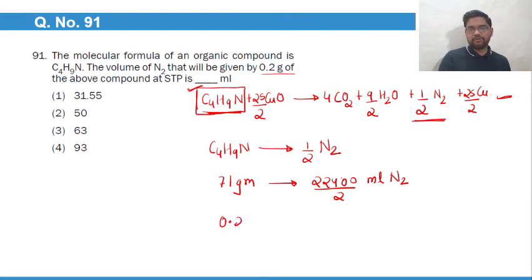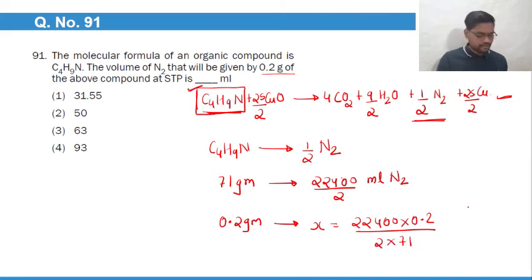So 0.2 grams will give you X, which is equal to 22400 into 0.2 whole divided by 2 into 71 grams. If you solve all this, you will get the answer as 31.55. So that is option number 1. So 91, option number 1 is the right answer.